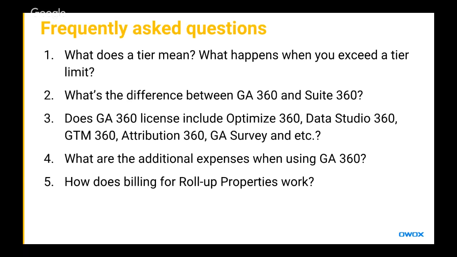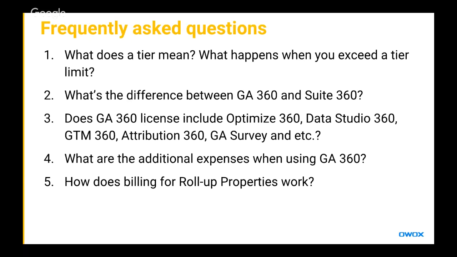So actually we will be billed fully for the first property for 10 million hits, then for the second source property, and for the third rollup property, but it will not be covered in full, but only as a half of a hit. Okay, so that's something to pay attention to.